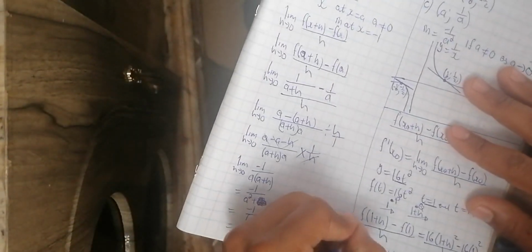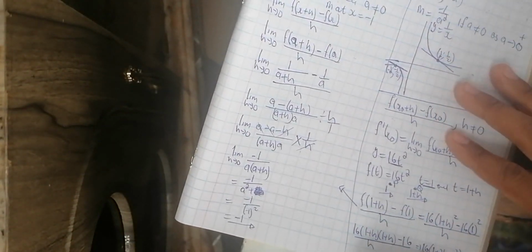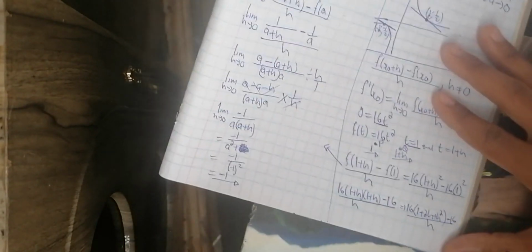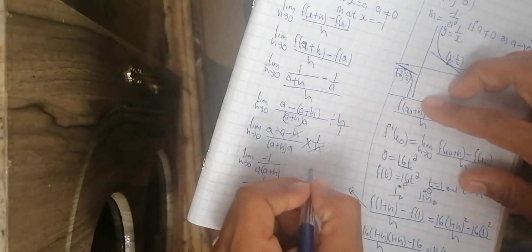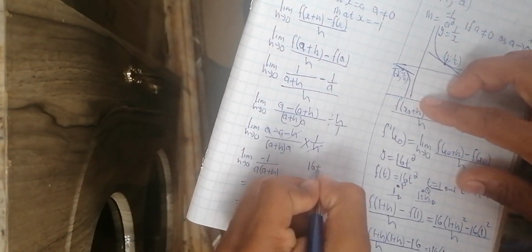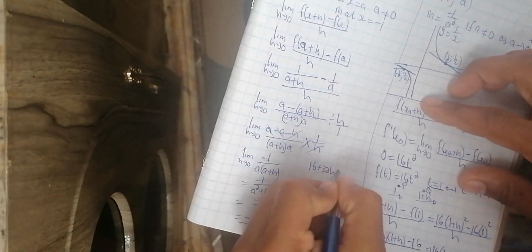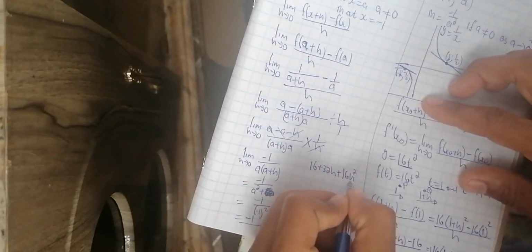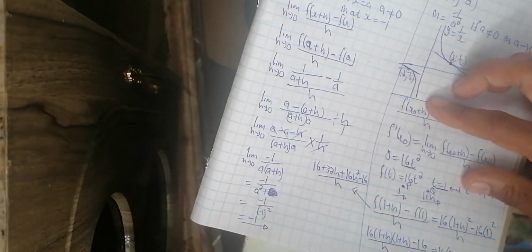And let me just come this side so that we see. Now from here, what is it that I can do? I can multiply everything by 16 in here, so that I have 16 plus 32h plus 16h squared minus 16 all over h.